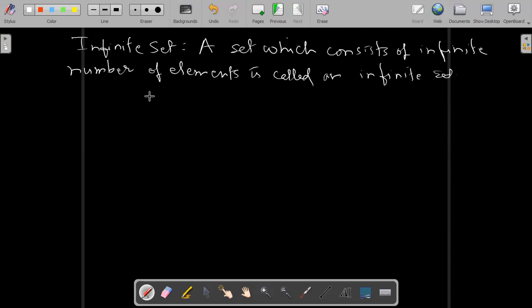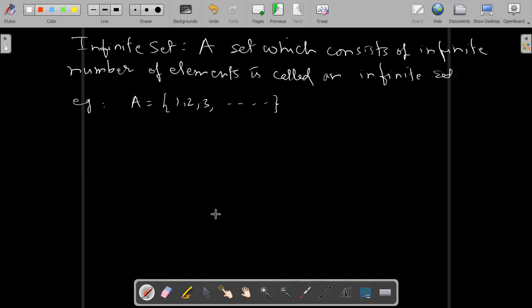We can write many examples. A is a set of natural numbers. Then A will have 1, 2, 3, up to infinity. So this is the example.